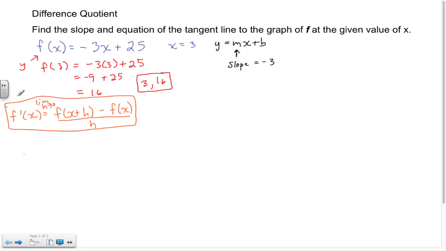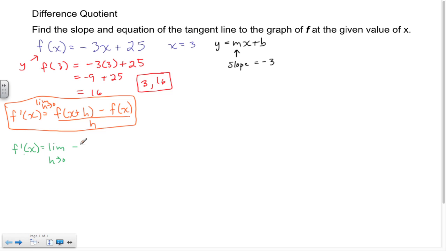Let's begin by rewriting f prime of x is equal to the limit as h approaches 0. This first portion of the difference quotient says to take the function f and make the input x plus h, which simply means wherever there's an x, change that x into x plus h.